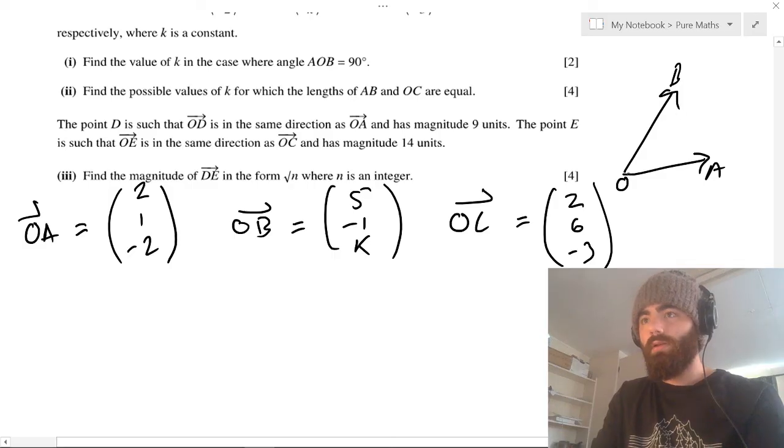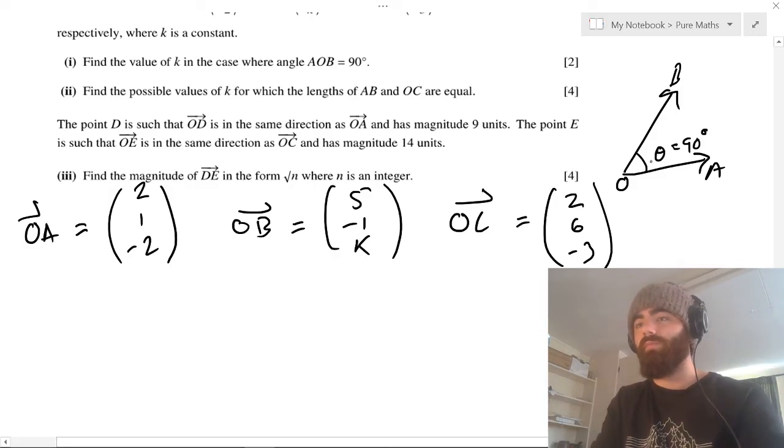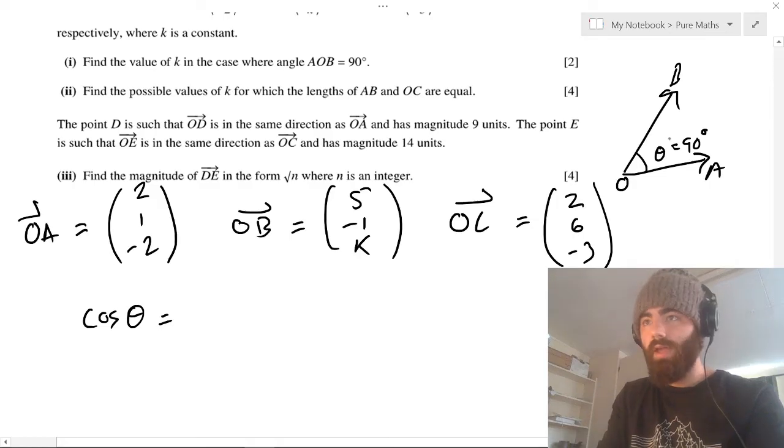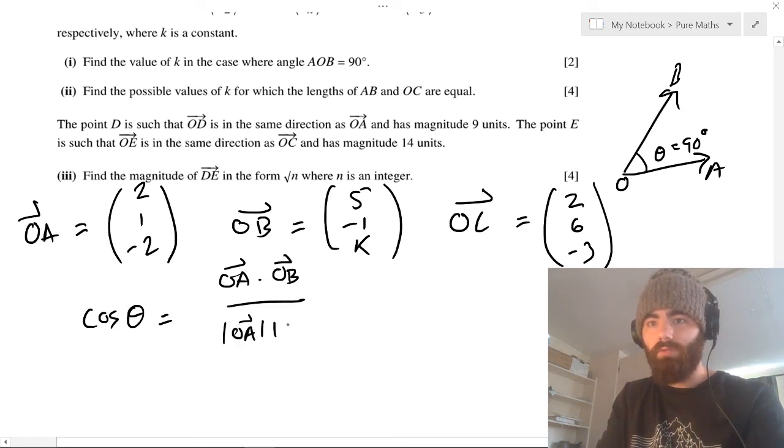We have to use the cosine rule, which says that cos theta, the angle between these two vectors, is OA dot OB over the magnitudes of these vectors multiplied together.